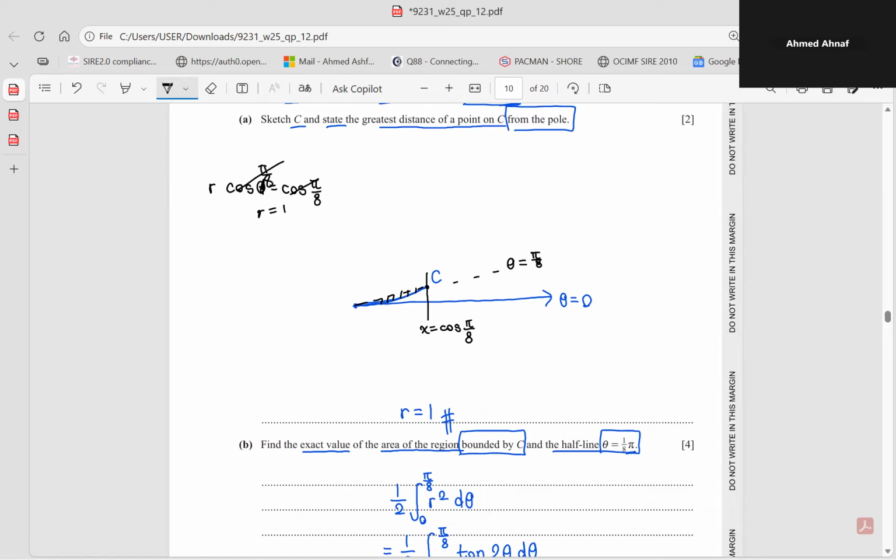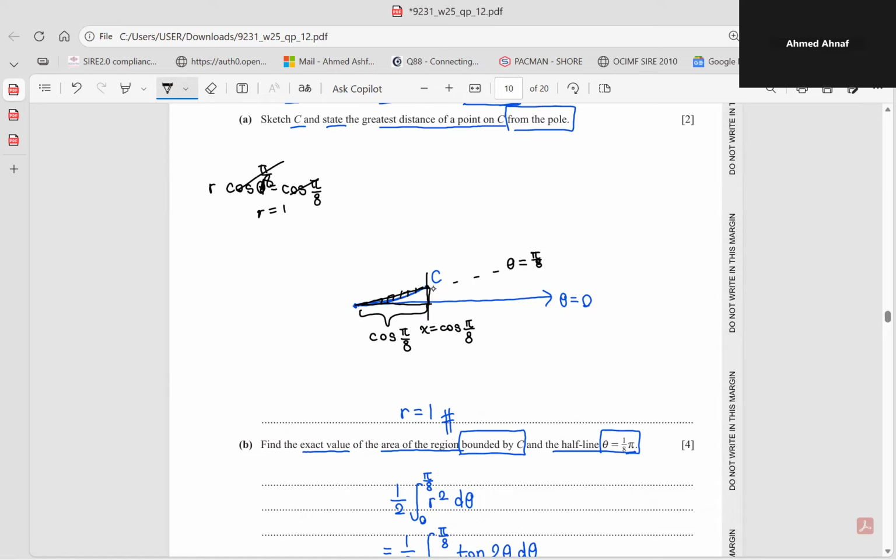So the length of the base of the triangle would be cosine pi over 8. To find the area that they want, we can see that we have a little triangle in here. And we already know the area of the shaded region, which we found in part B. So we need to find the area of the triangle and then subtract the area of the shaded region.